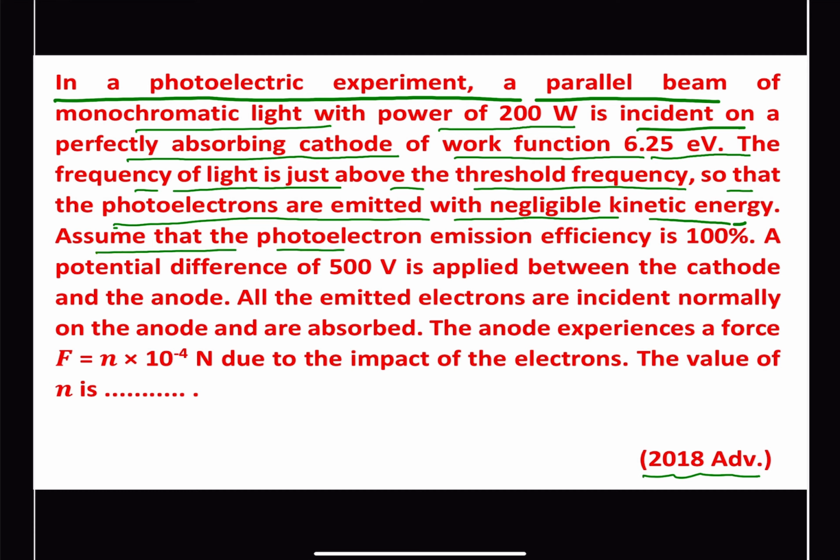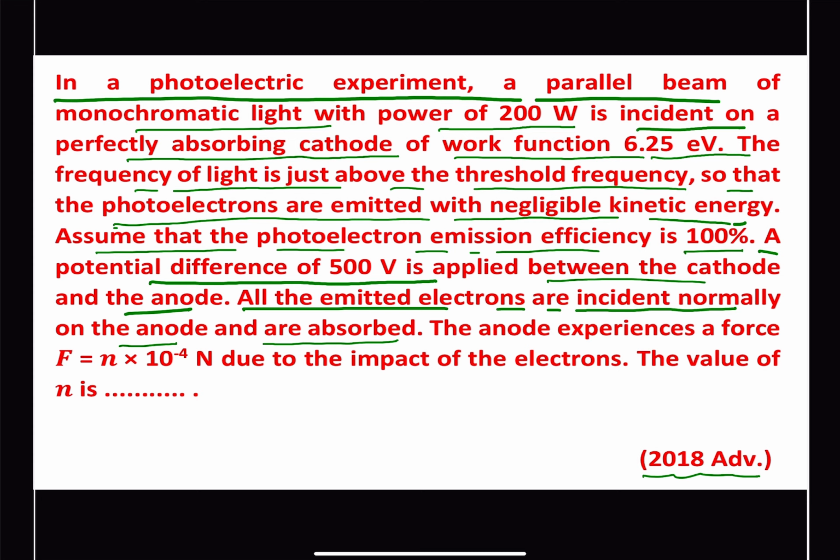Assume that the photoelectron emission efficiency is 100%. A potential difference of 500 volt is applied between the cathode and the anode. All the emitted electrons are incident normally on the anode and are absorbed. The anode experiences a force of F equal to N into 10 to the power minus 4 newton due to the impact of electrons. The value of N is.